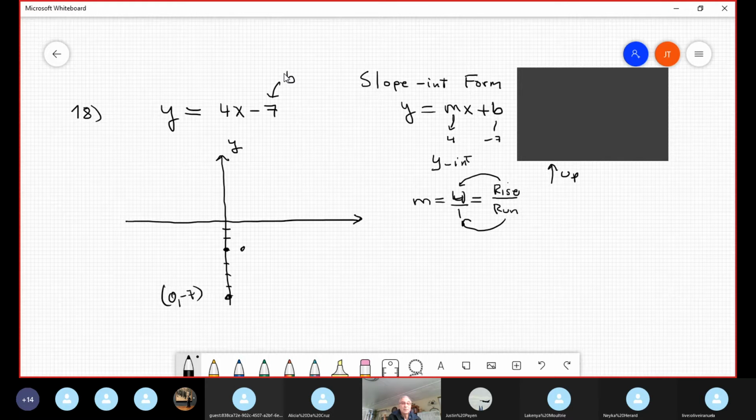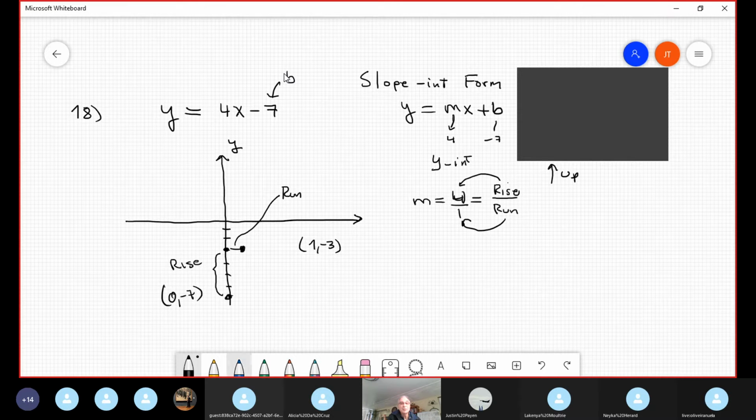And you get the second point using rise and run. By the way, the second point is the point 1, -3. Why? Because you go up 4 units, and you are at -7. -7 plus 4 is -3. And you go to the right 1 unit. That is the reason that x goes from 0 increasing plus 1.